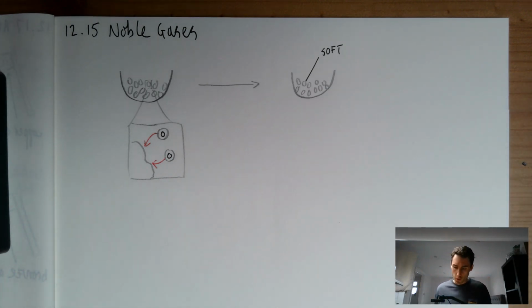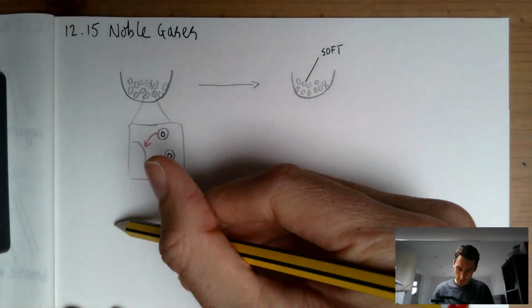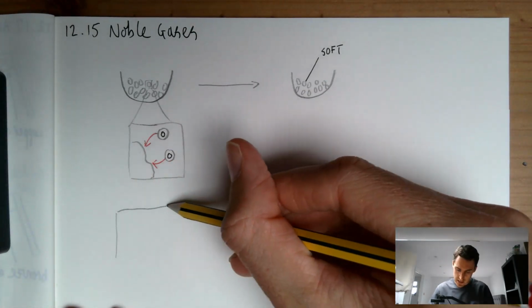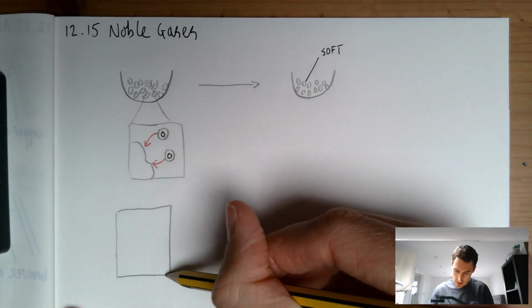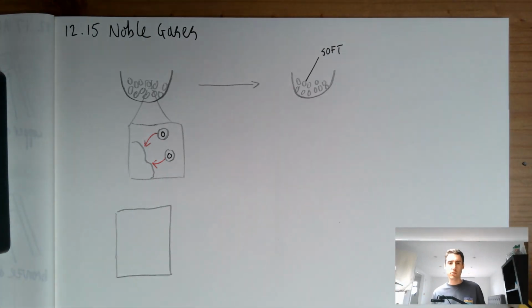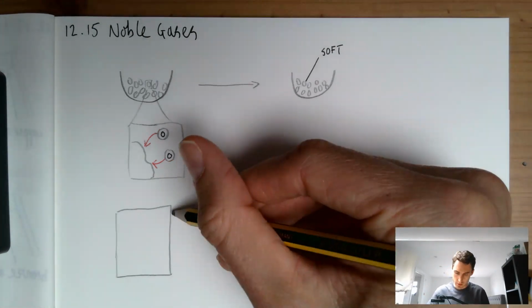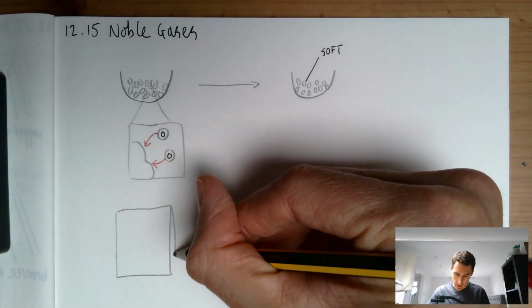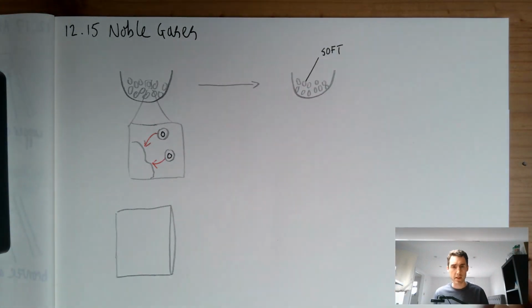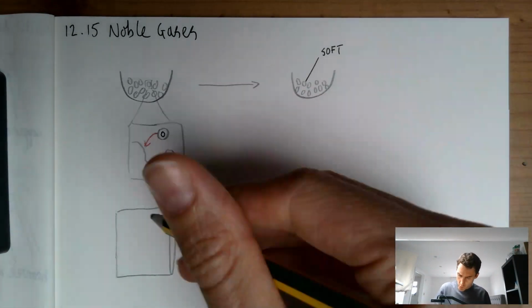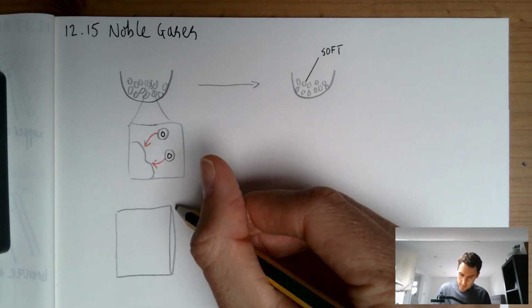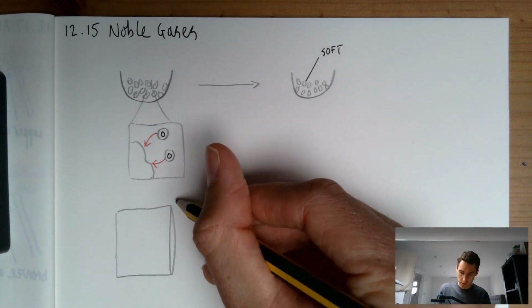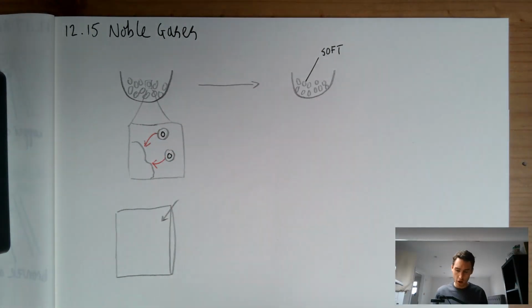So what we can explain to students is what happens inside a packet of crisps. I'm not going to attempt to draw Walkers here or anything like that, but you might want to say, here's our packet of crisps, something like this. What happens is this packet, before it's sealed, is pumped full of argon.